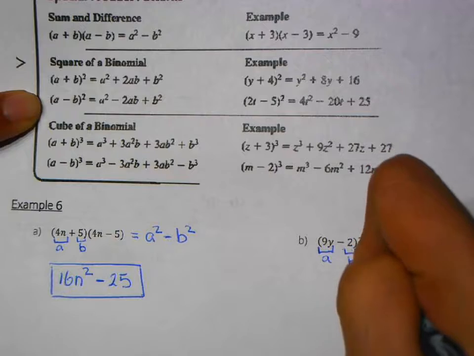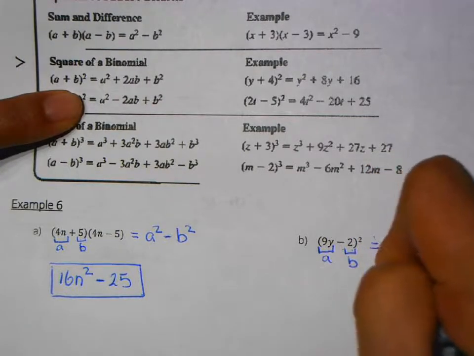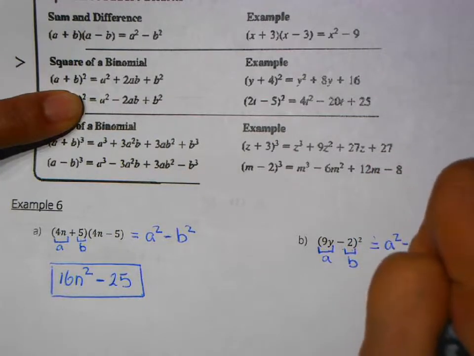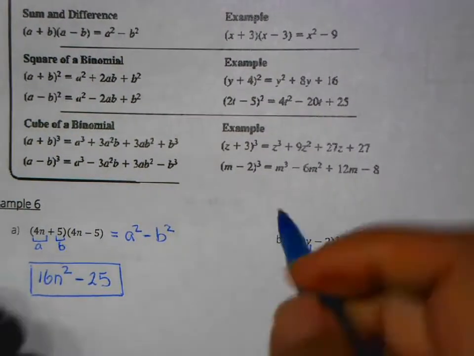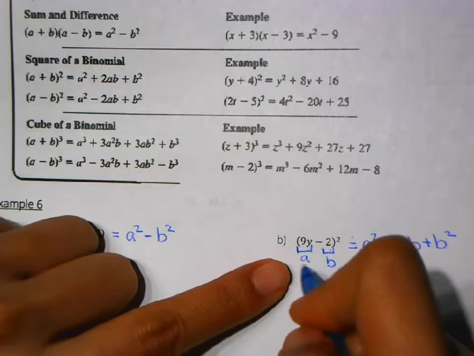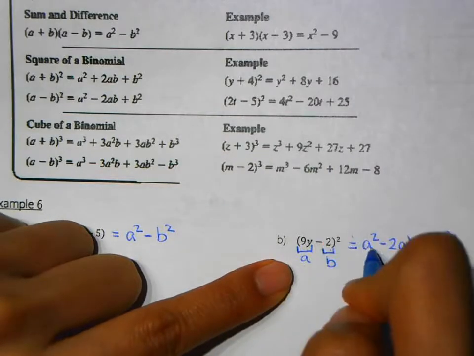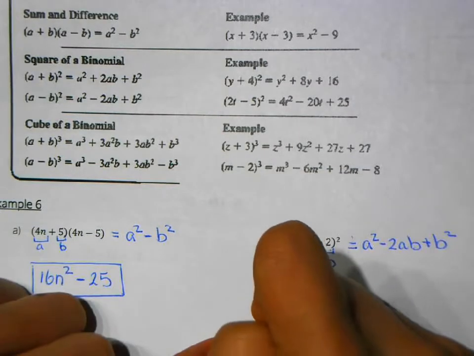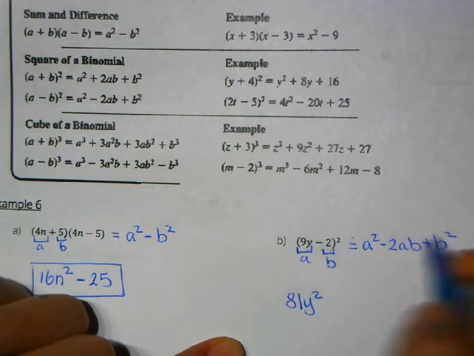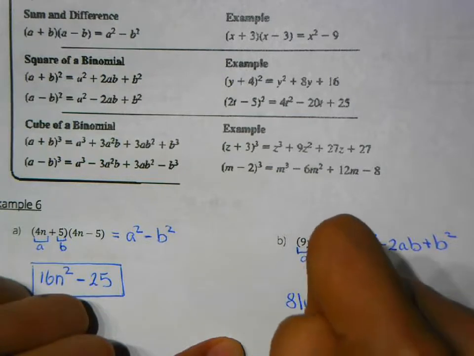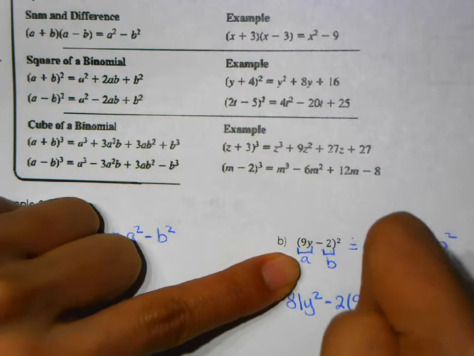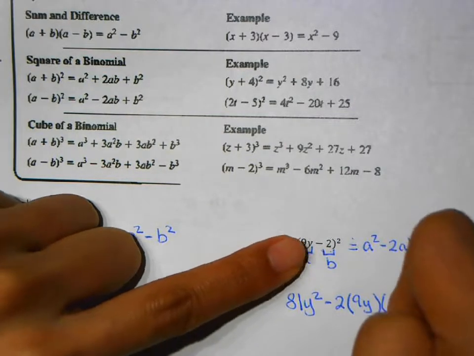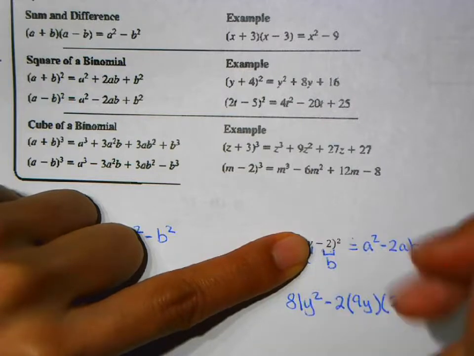My solution is going to be a squared minus 2ab plus b squared. So with that, I can plug in my a's and b's. A is 9y. A squared, 81y squared. Minus 2 times a is 9y times b is 2, plus b squared, b is 2, so b squared is 4.